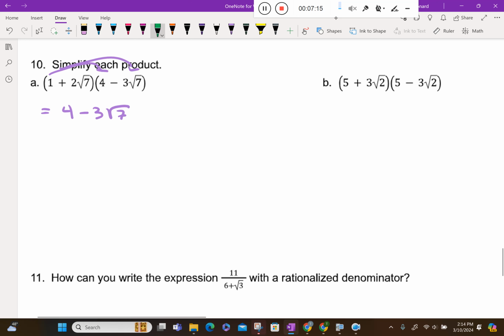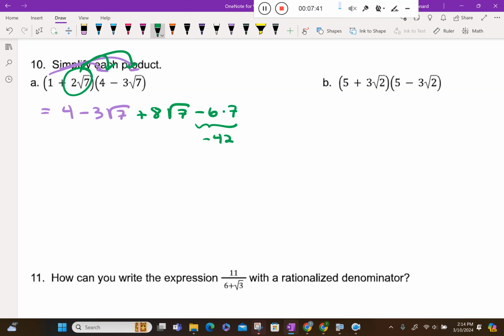But then we're going to distribute 2 root 7 times the second expression. So 2 times 4 is 8, and root 7 didn't have anything to multiply. In the next expression, 2 times negative 3 is negative 6, and root 7 times root 7 is a 7. So really this last term is negative 42.